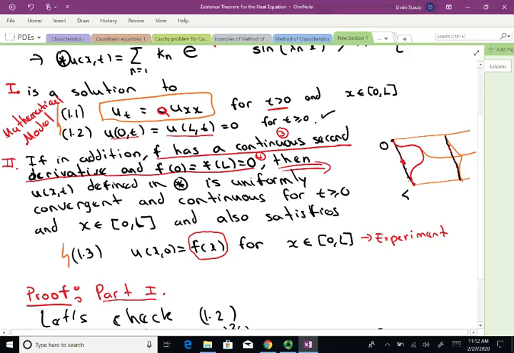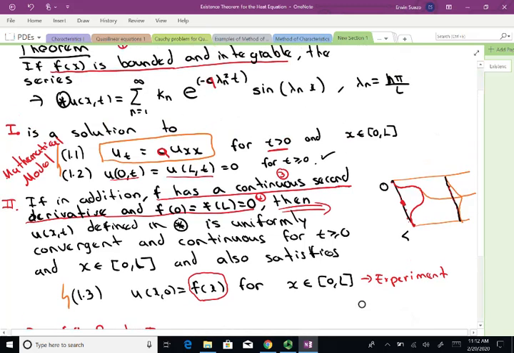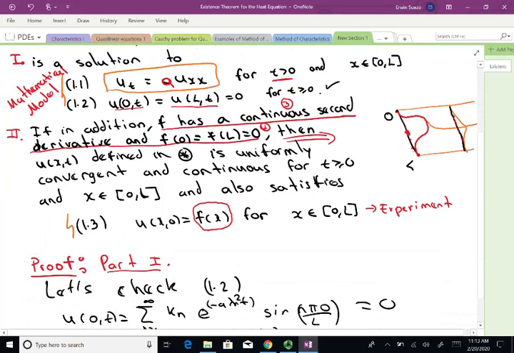Now I need to verify that u(x,t) satisfies u_t equals a times u_xx. We already did this calculation before.